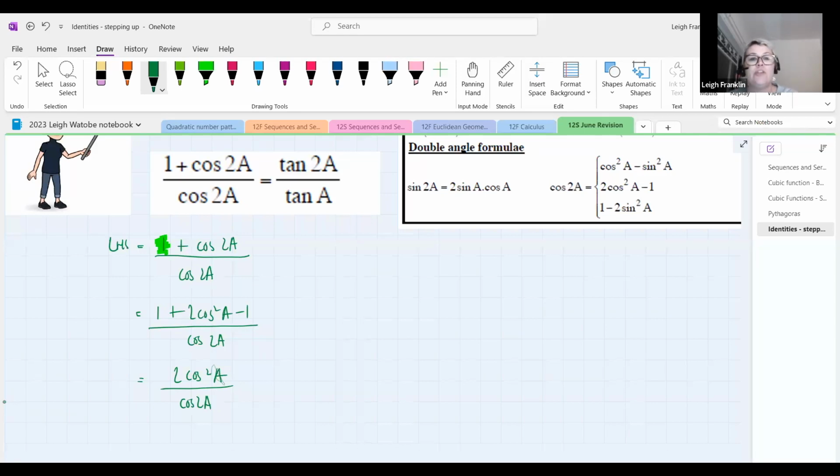So in a situation like this, what I can do is go and work with the right-hand side separately. So I'm going to now write right-hand side. And here I've got tan 2A, and at the bottom, I've got tan A. So any suggestions? What can I do with tan 2A?